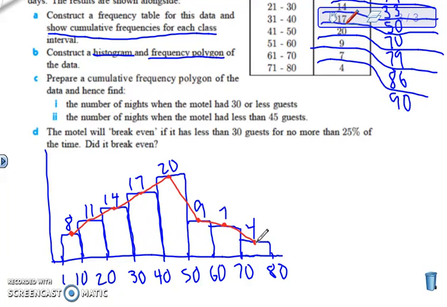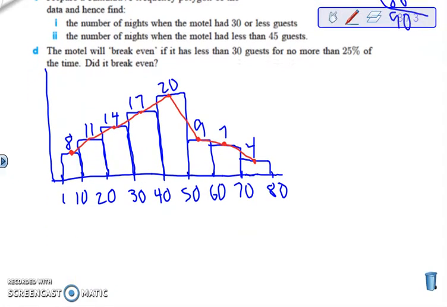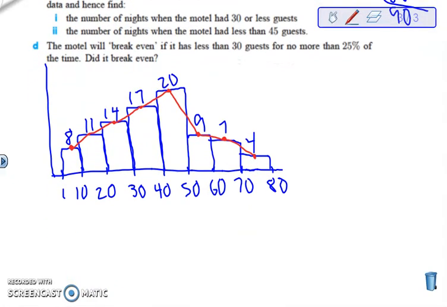Okay, so to make the cumulative frequency polygon, what we're going to do is do the same thing we just did, only we're using the numbers from our cumulative frequency little graph.